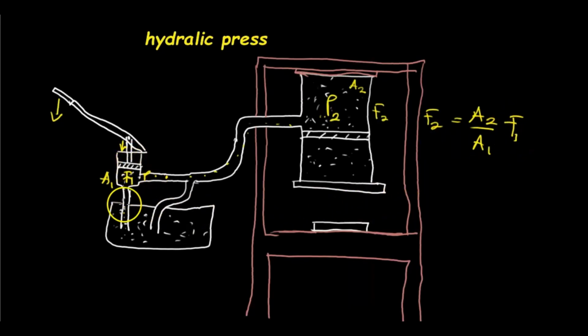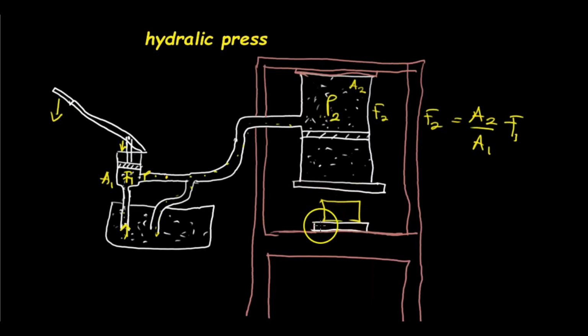So a small force is applied here, and this is a reservoir where the fluid will be sucked into the small piston, and then after usage in the bigger cylinder, it releases back into the reservoir. So basically this is how a hydraulic press works, and mostly we use them in pressing objects in the industry.